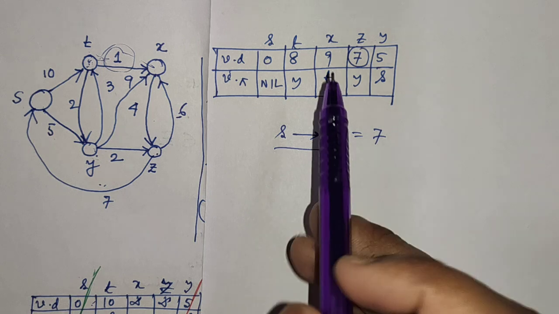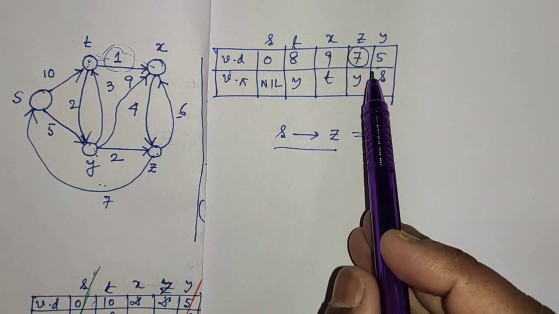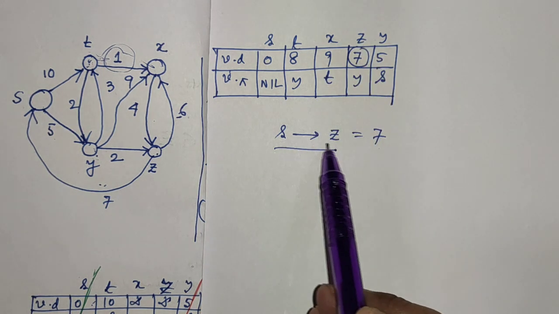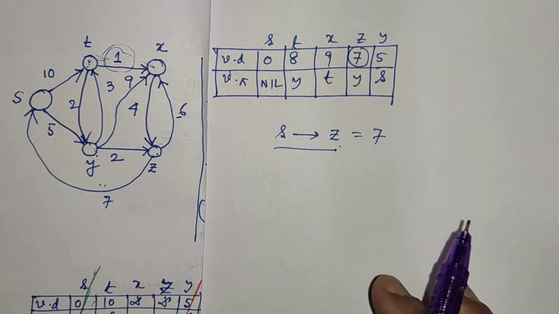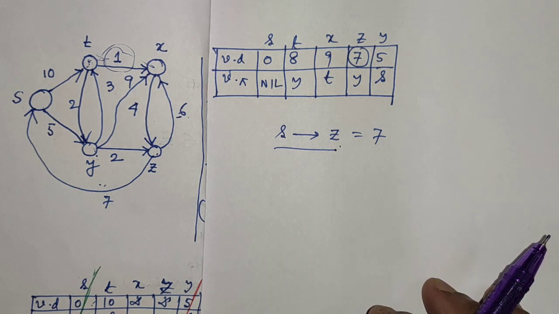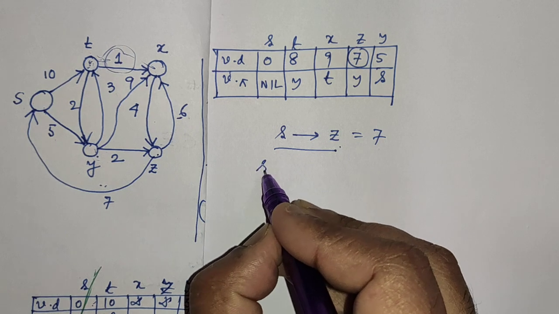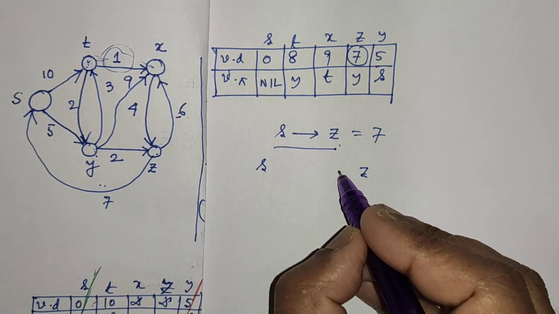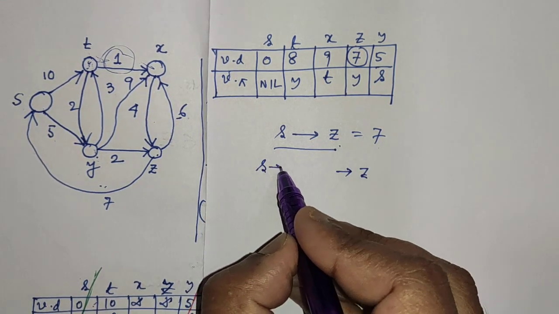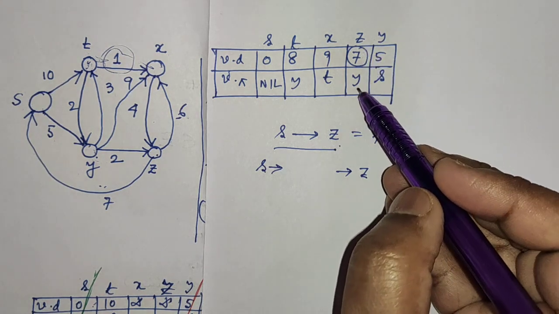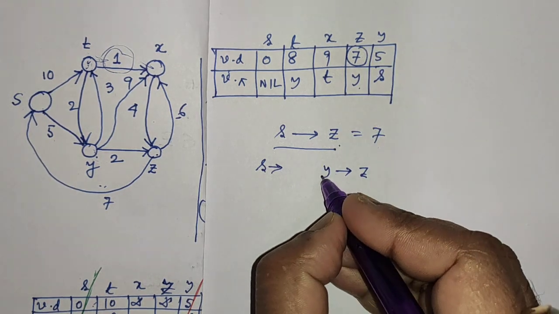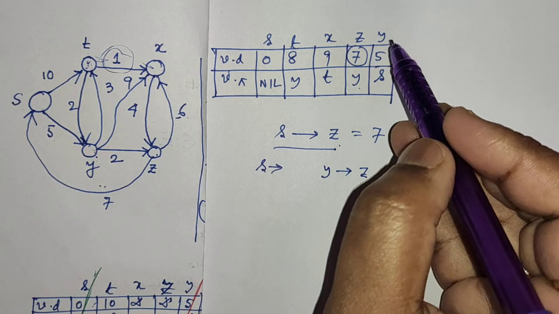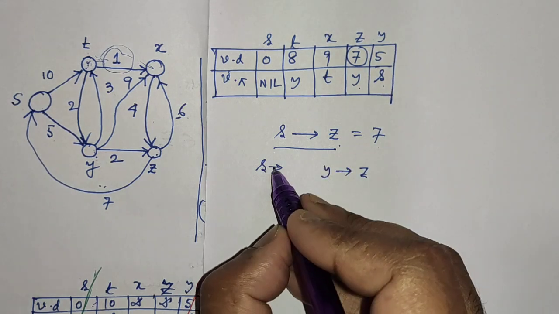So the final D value of the vertex Z is the shortest distance from S to Z. Then your question will be, sir, what will be the path from S to Z? So write S, write Z. What is the predecessor of Z? Y. What is the predecessor of Y? S itself.